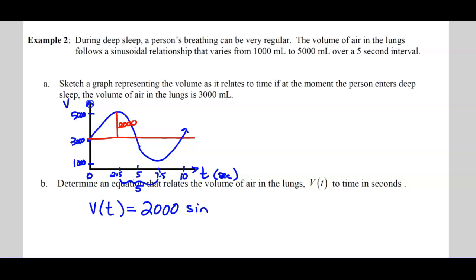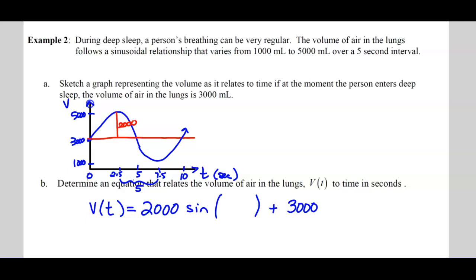Okay, and then we'll figure out our argument here. We know our D value is 3,000. So even just doing that part would get you part marks, right? That gets you part marks. It doesn't get you all marks.